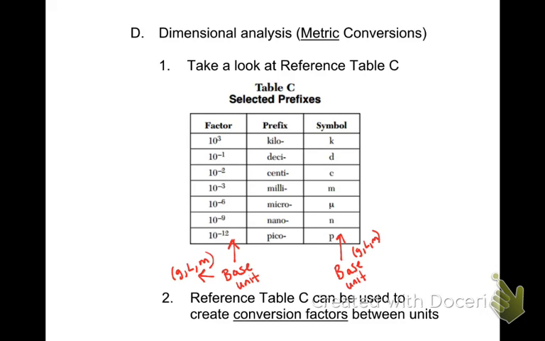So how do we use this to actually make a conversion factor? Well, let's just say meters as our base unit. It's a pretty easy one. If we're converting between meters and picometers, we would say that 10 to the negative 12th meters is equal to 1 picometer.